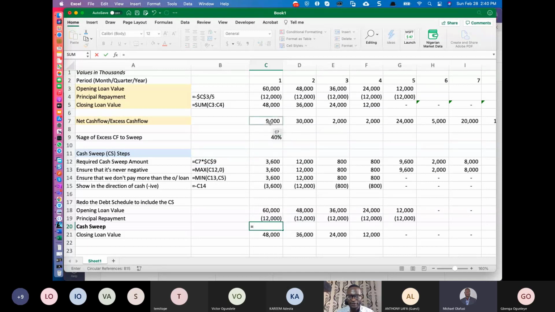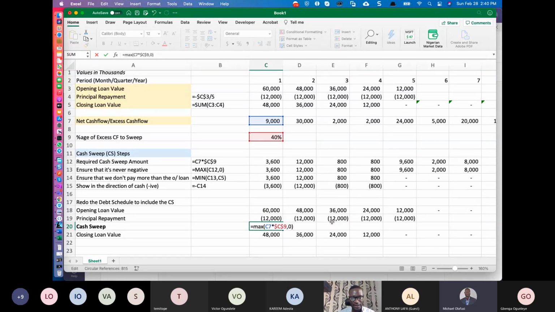So step number 1 is this money, that is the excess cash, times the percentage we want to sweep. Then we said we are supposed to floor it, never let it go below 0, right? That flooring is when we did a max and said it should never be below 0. So that's step number 2.